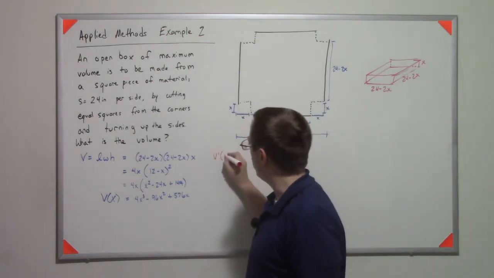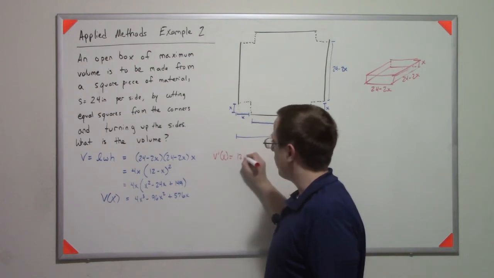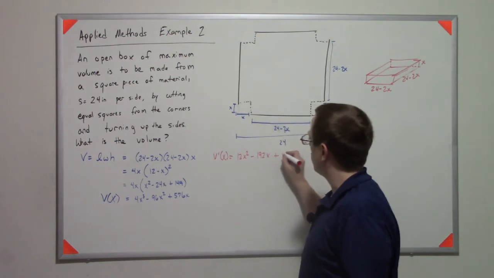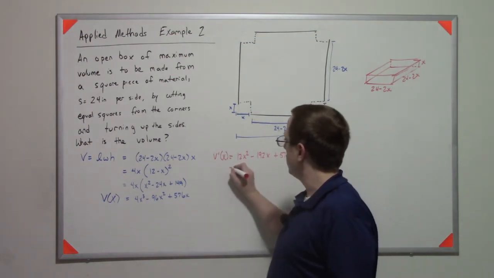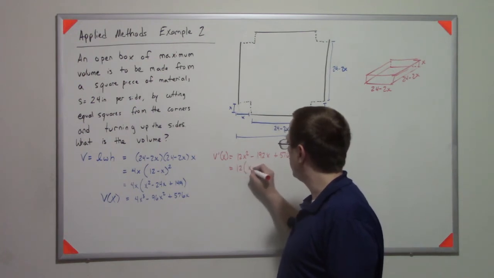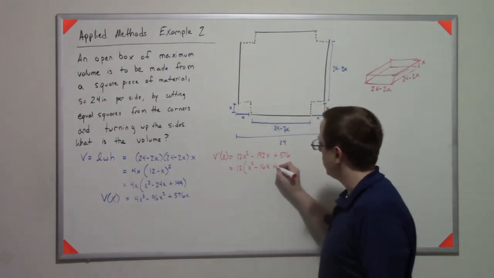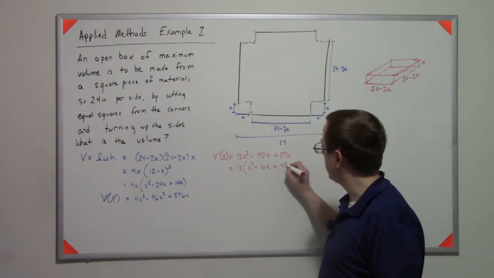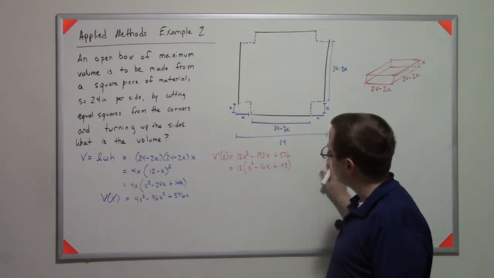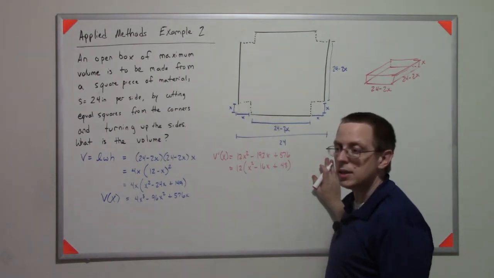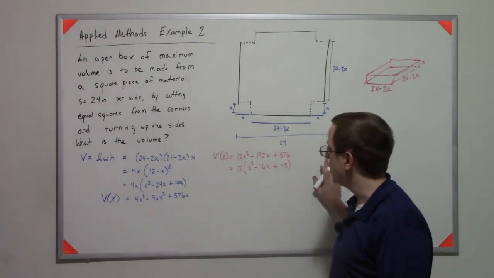The first derivative is 12x squared minus 192x plus 576, which then I can pull out a 12: x squared minus 16x plus 48. So x squared minus 16x plus 48.